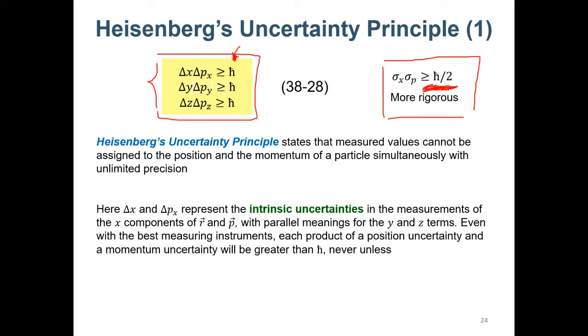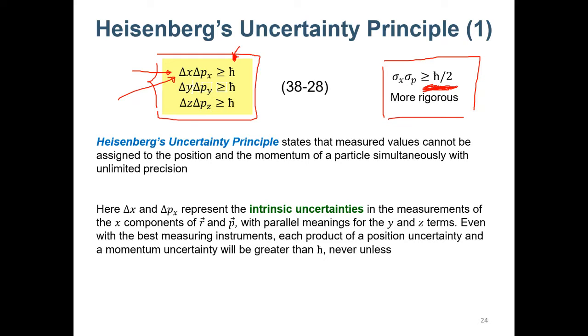But here the point is there are actually two interpretations for the Heisenberg uncertainty principle. One is that if you measure the position of a particle and measure the momentum of a particle in x direction, for position and momentum, you will always have error.